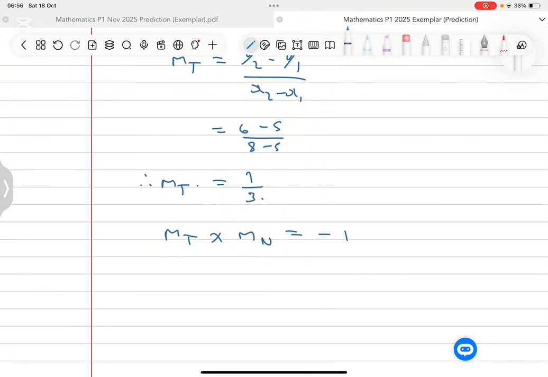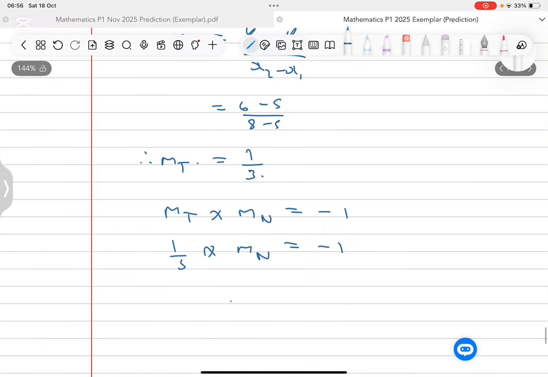Now this equation allows us to find the gradient of the normal line, which will therefore be negative 3, because I just multiply the whole thing here by a 3. What I do on the left, I do on the right, and I should get that.